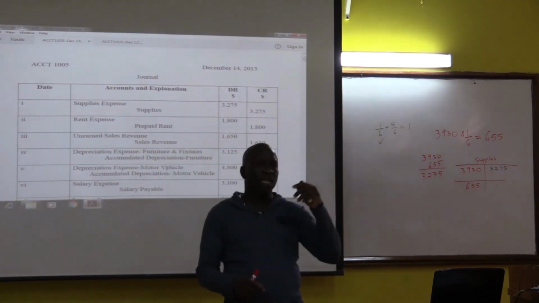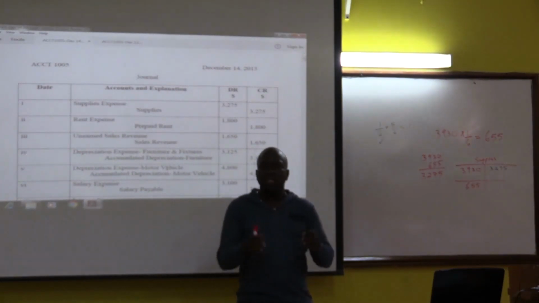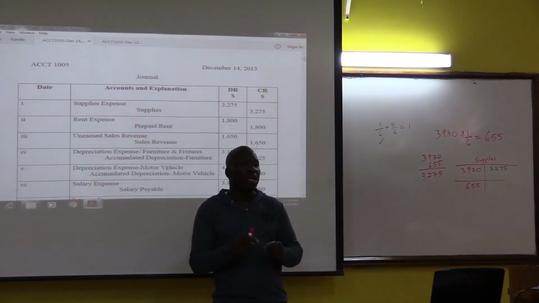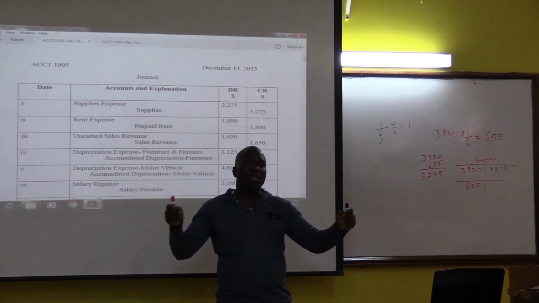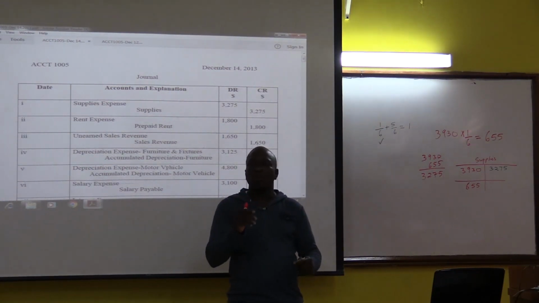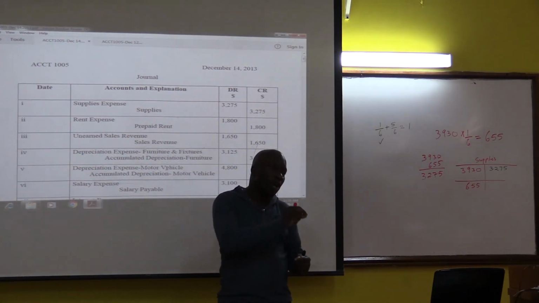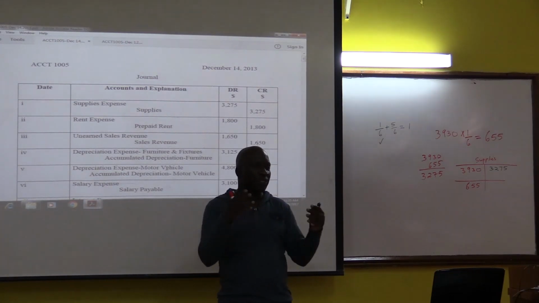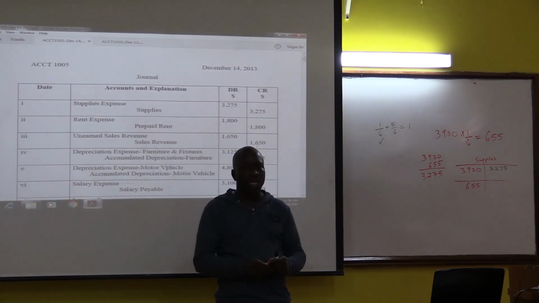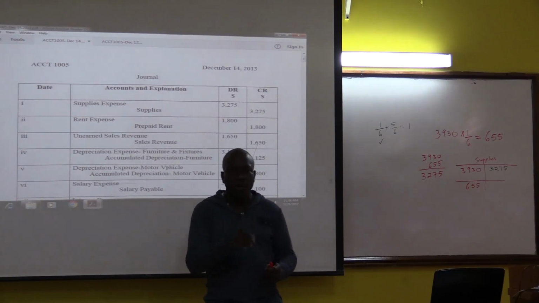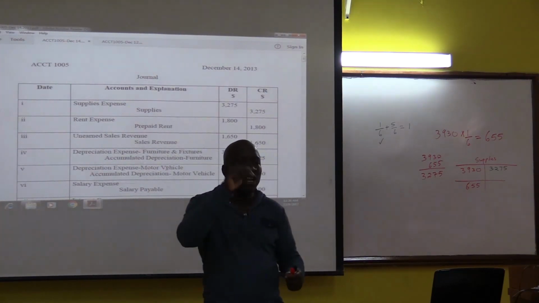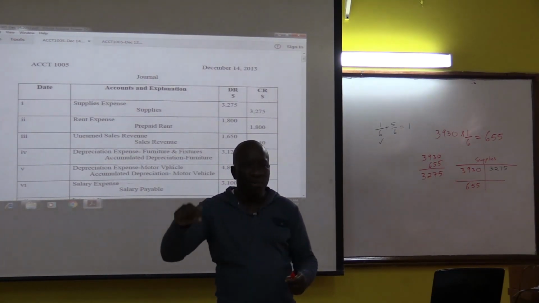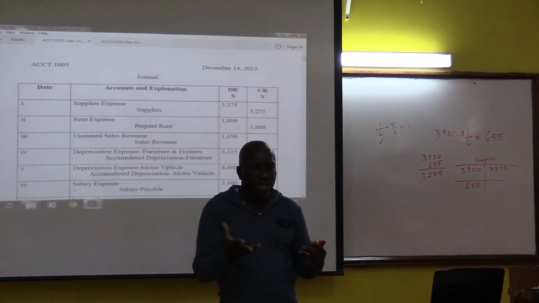Let me go over that again. Just to keep it simple, let's say we have a room like this. The landlord says we must pay him from January to June, which is just 6 months rent. But we said to the landlord, don't worry, we are willing to pay you from January this year to December this year. What does that mean in simple language?